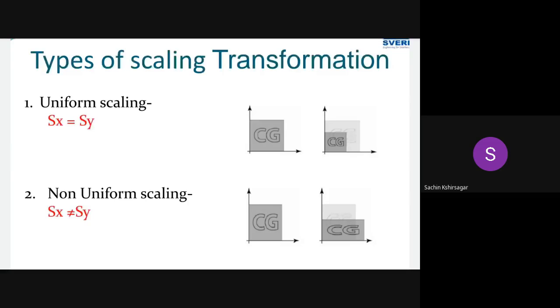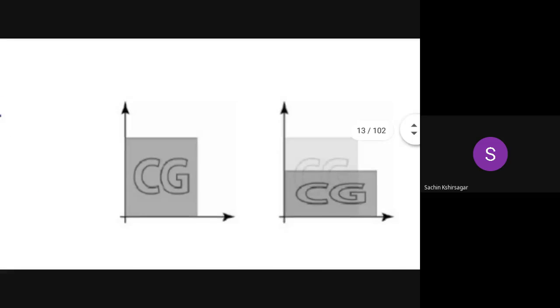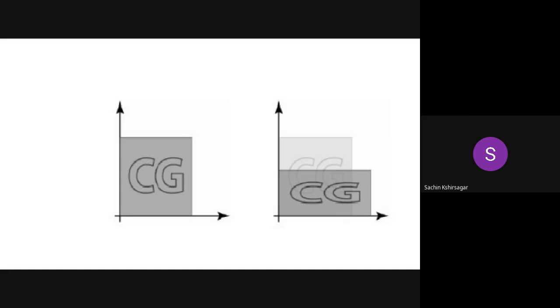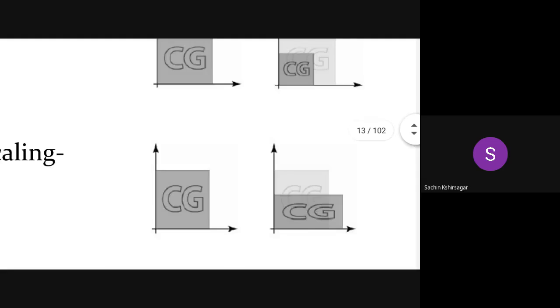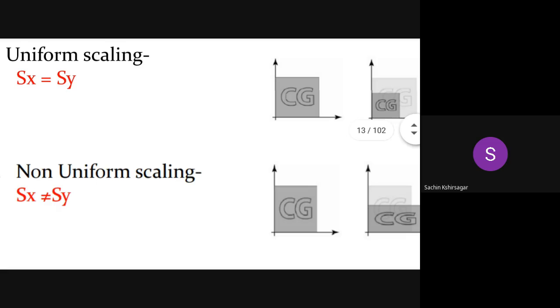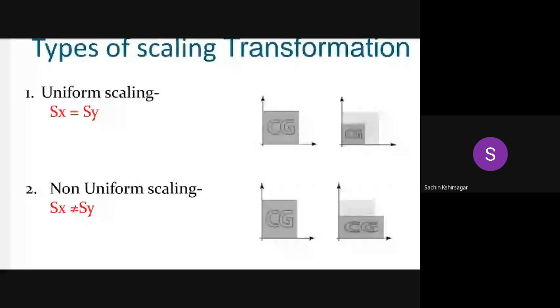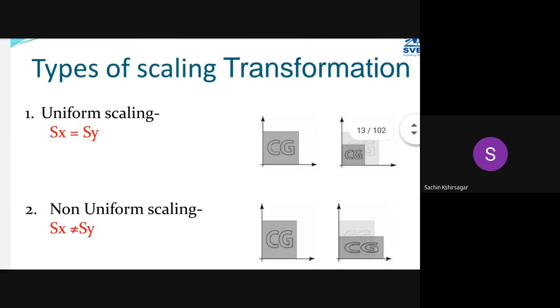Suppose you see in figure number two, the scaling is decreased in Y direction and increased in X direction. This is a type of non-uniform scaling. This type of scaling is used less, but whenever we use CATIA software, this type of command will be required.